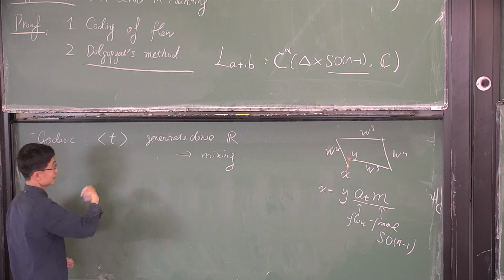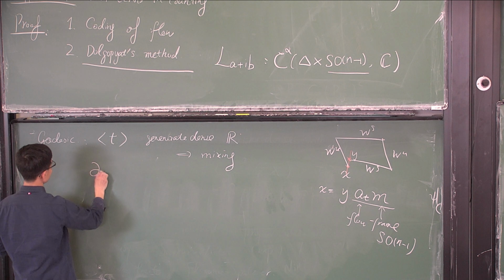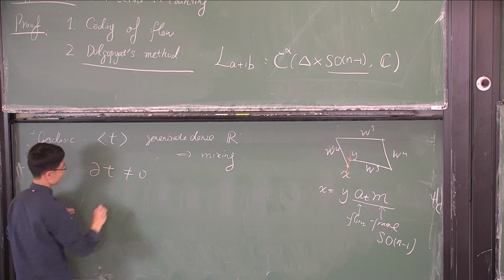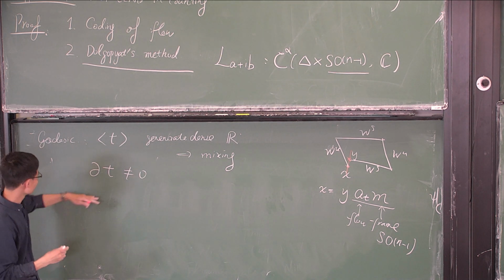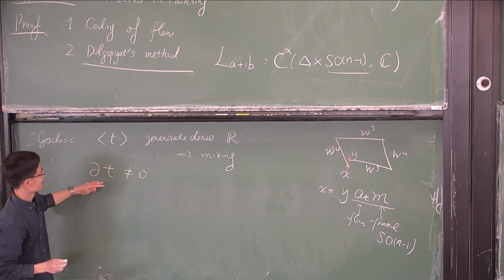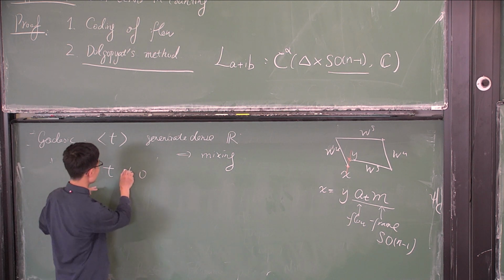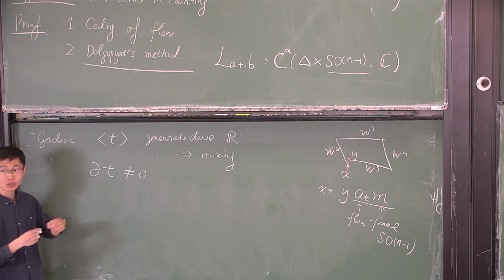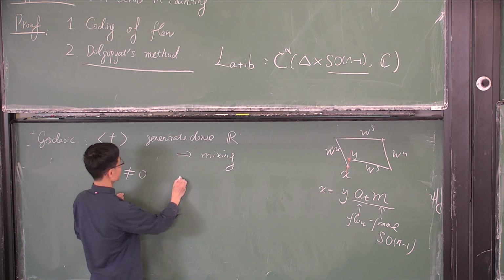And if you can take some derivative, and the derivative of t is non-trivial, it's very rough. If you know, you know, but if you don't, I don't know how to explain. And if you have the derivative non-trivial, like comparing different inverse branches, the derivative is non-trivial, then you will get exponential mixing.